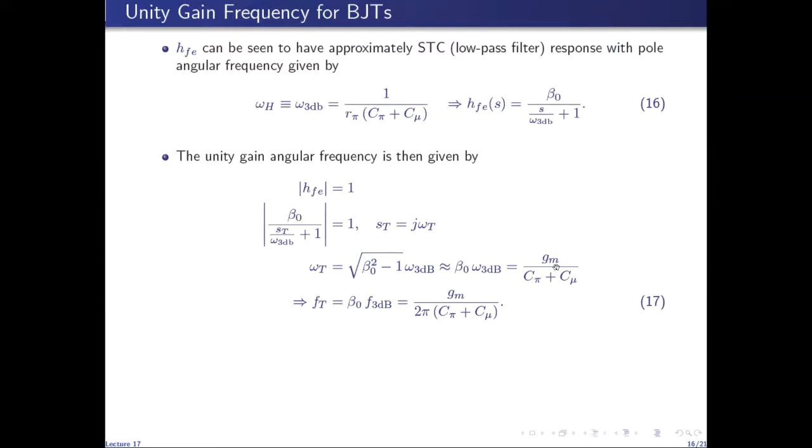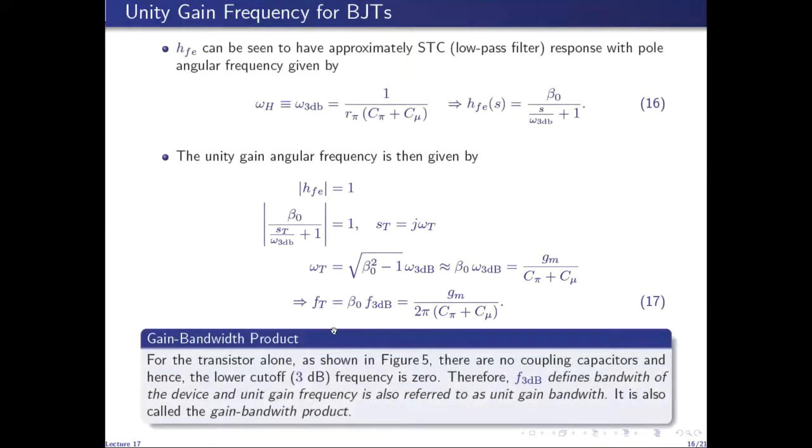So the product is given by GM over C pi plus C mu. So from this expression, we can find FT, which is given by beta naught times F3 dB. So if we divide this whole expression by 2 pi, we'll get Ft as beta naught times F3 dB, which will be equal to Gm over 2 pi times C pi plus C mu.